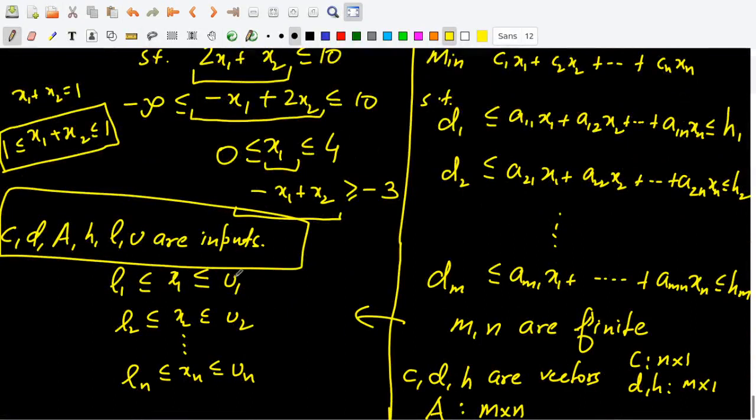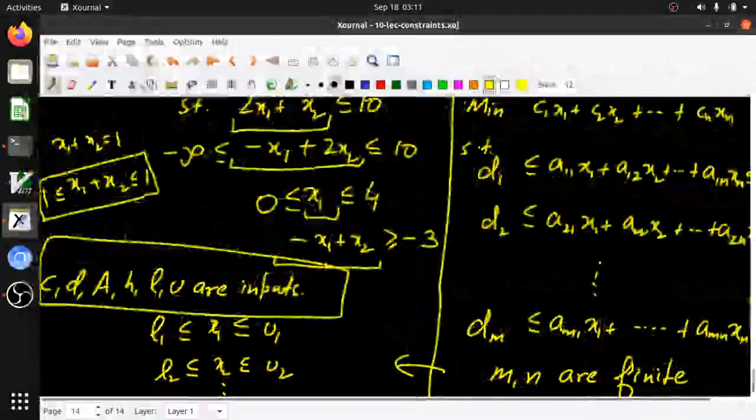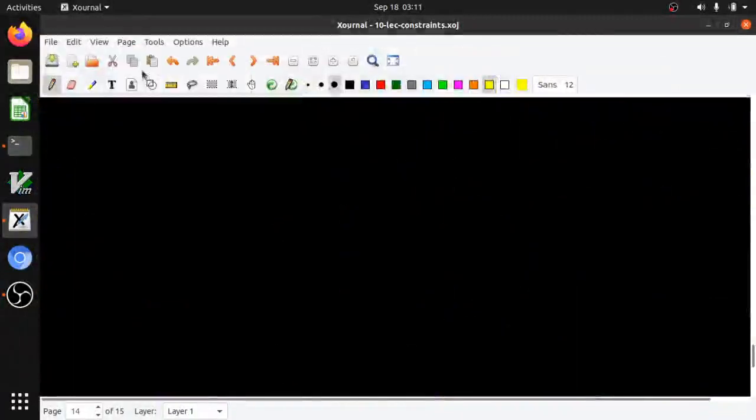So when we talk about algorithms, we talk about something called a standard form.